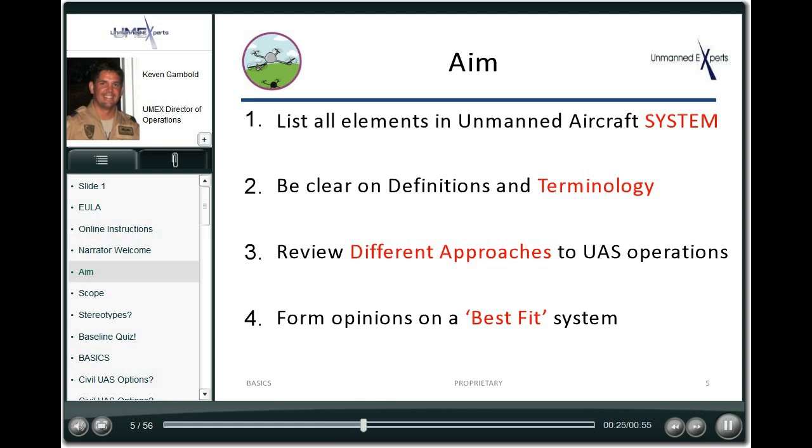We'll look at the difference between RPAS, UAS, beyond line of sight, all the TLAs, and then we'll see all the different ways that they're currently being operated in theatre. So visual line of sight, radar line of sight, beyond line of sight, etc., as well as the larger piece, how processing, exploitation, dissemination goes on, and allow you to form your own opinion of the best fit arrangement. So that's the aim.